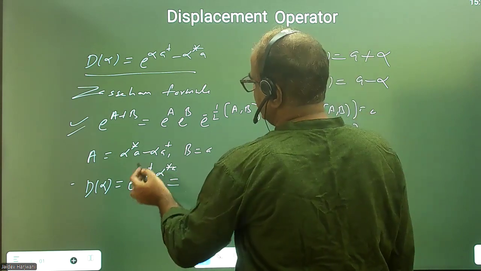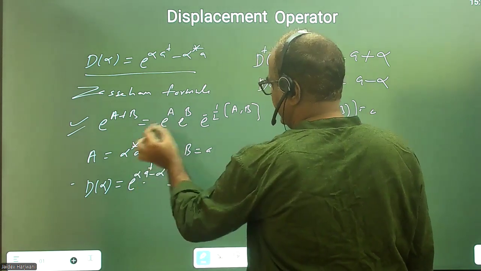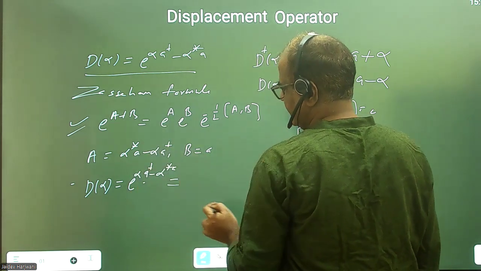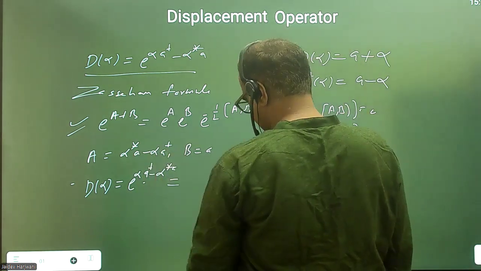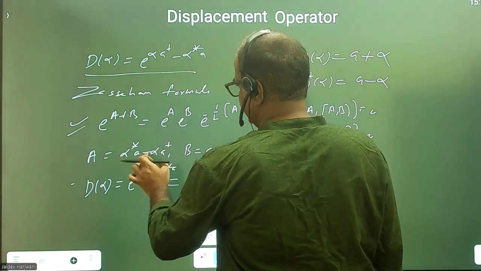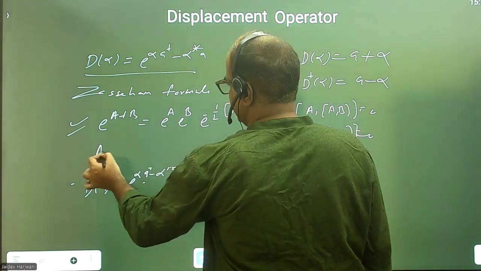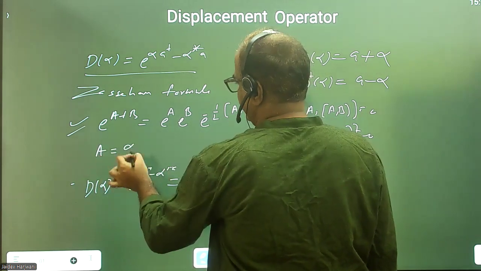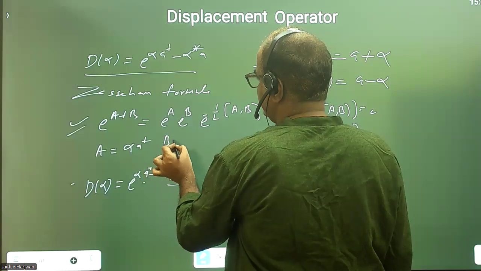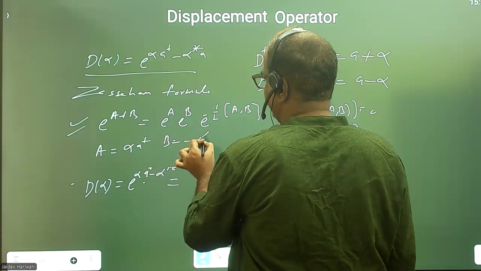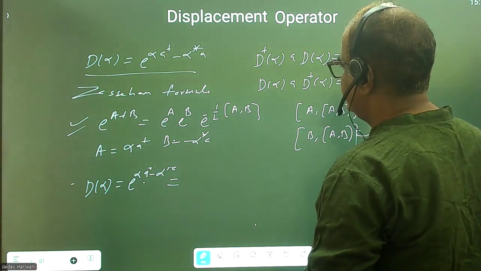Okay. So how can I write this now? If I say my A is here, alpha A dagger, and if I say my B is here, minus alpha star A, then what will it become?